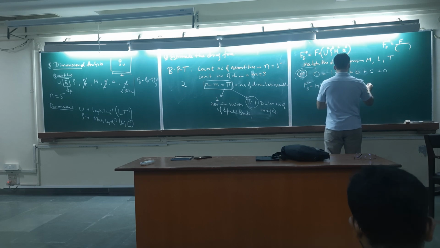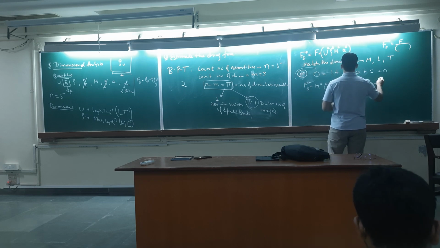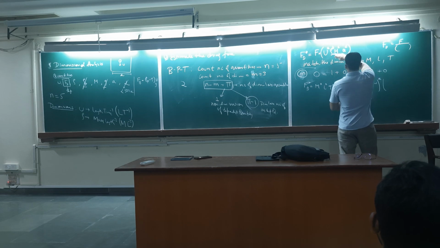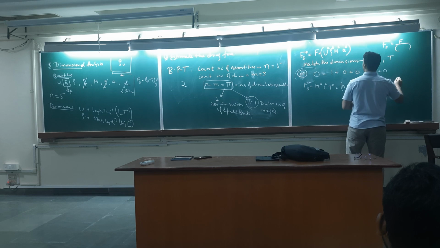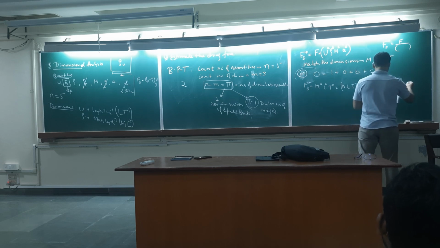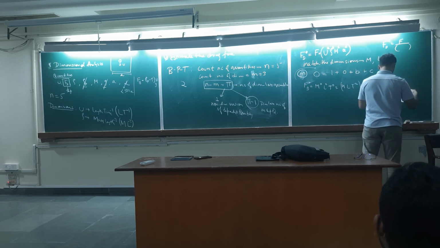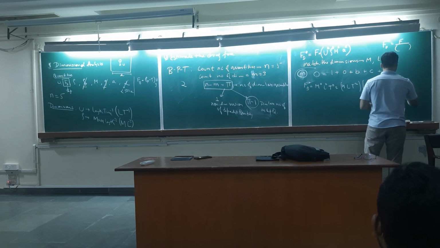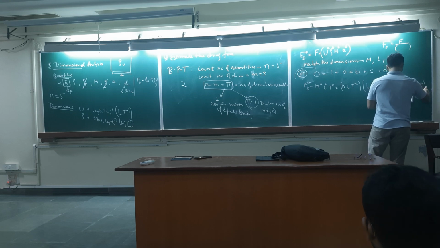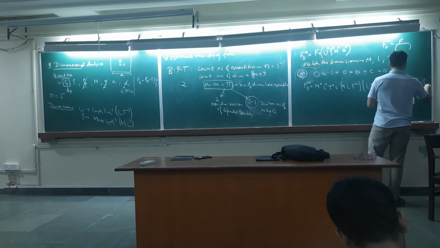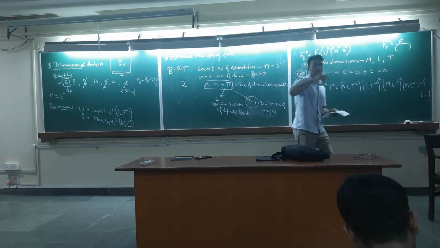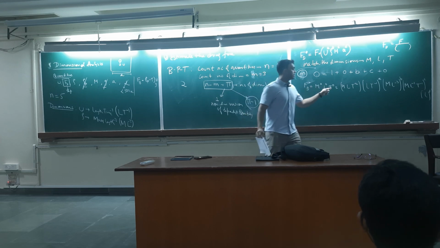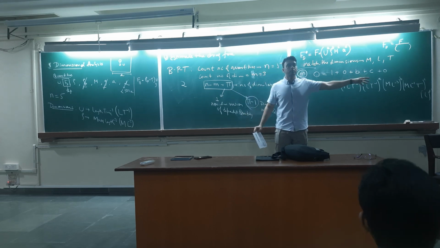Velocity is L T to the minus 1, to the power A. Density is kg per meter cubed, M L to the minus 3, to the power B. Viscosity is M L to the minus 1 T to the minus 1, to the power C, and then you have L to the power D. Now I'm matching the exponent of each of these dimensions.